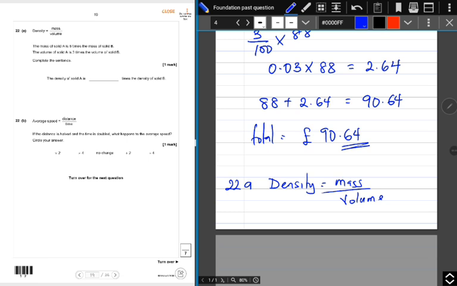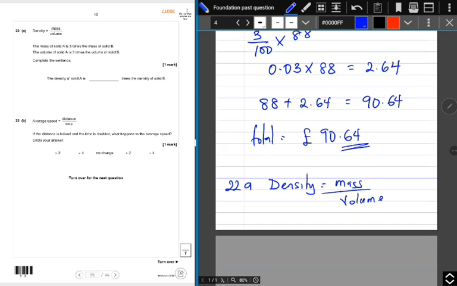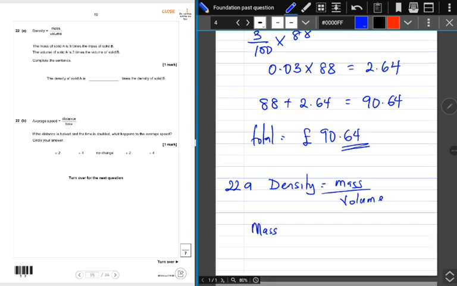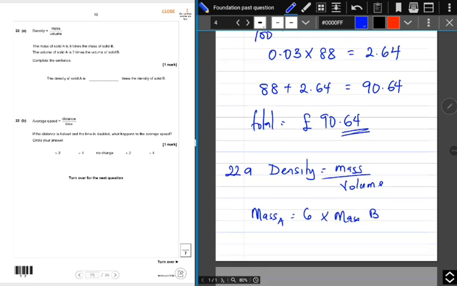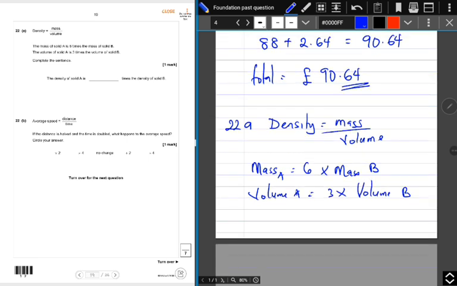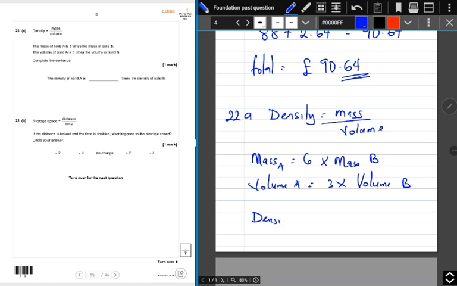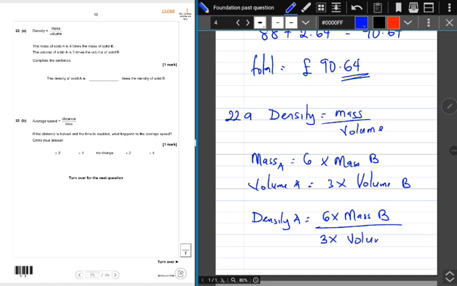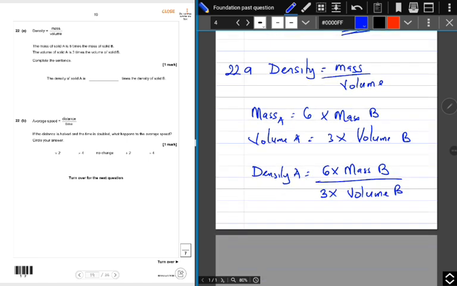Now let's check out the density of solid A first. Let's say mass A equals 6 times mass B, and volume A equals 3 times volume B. So density A equals 6 times mass B over 3 times volume B. 3 here, 1, 3 here, 2.